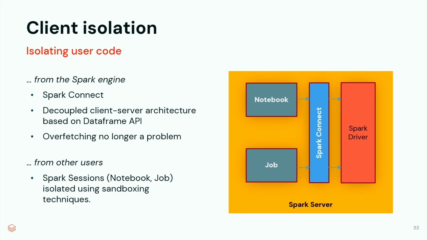So there's a client-server architecture. And you also get isolation from other users, so you don't have users tromping on each other as much. Once they enter the actual Spark execution environment, things can become a bit more difficult, but at least it starts to abstract away some of the shared infrastructure that can make managing and securing Spark clusters really annoying.